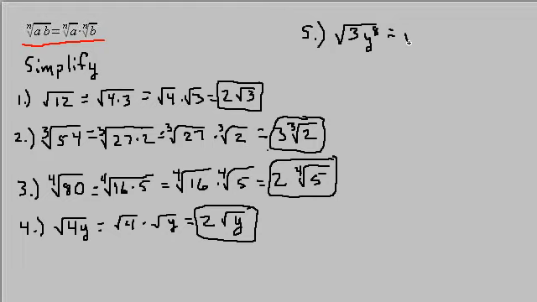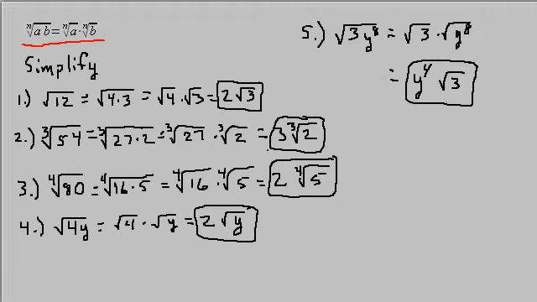So this is the square root of 3 times the square root of y to the 8th. And then this equals, well, square root of 3 is not a perfect square, but y to the 8th is. 2 goes into 8 4 times, so that's y to the 4th times the square root of 3.